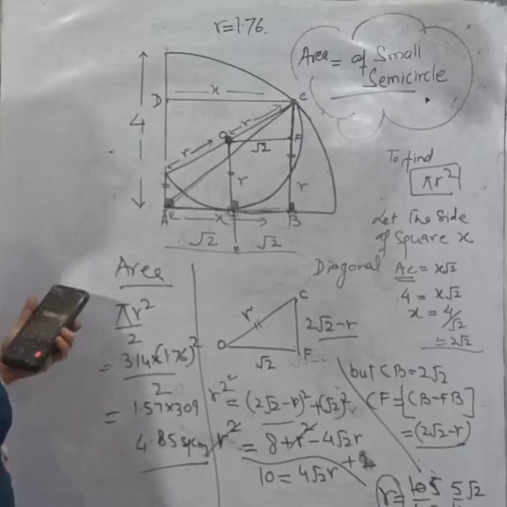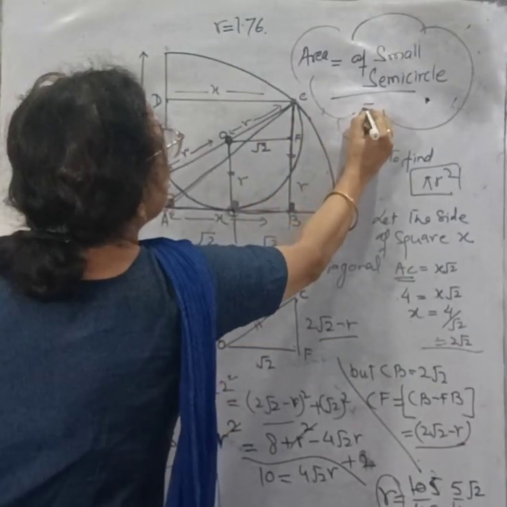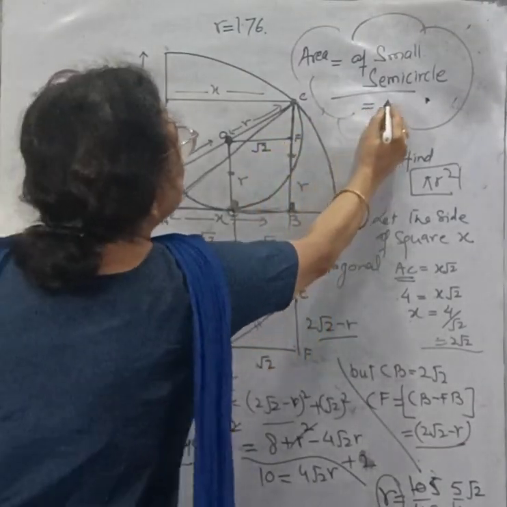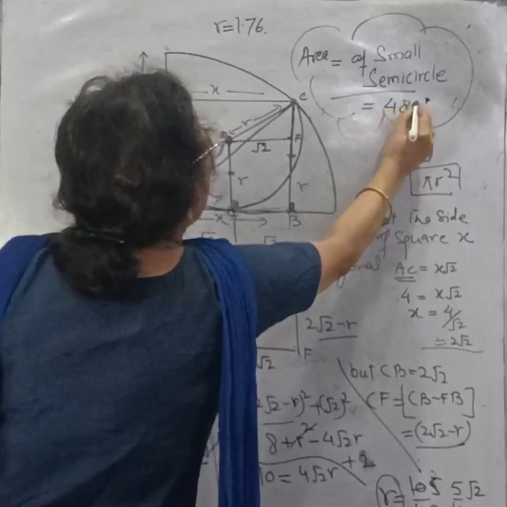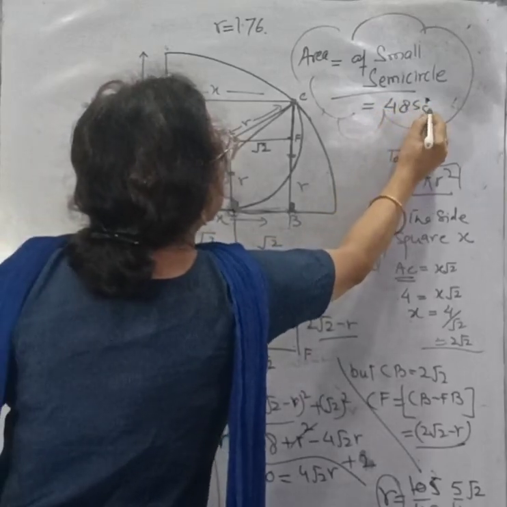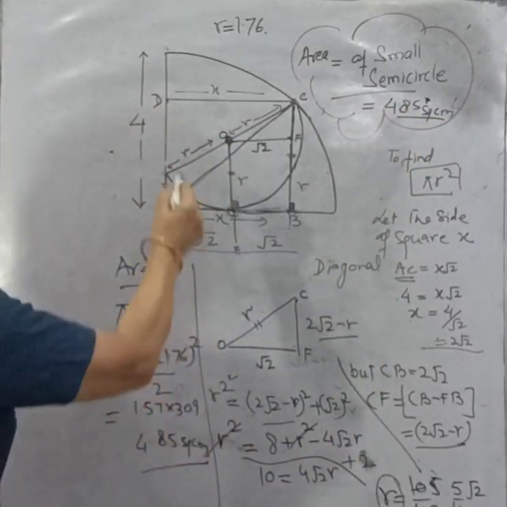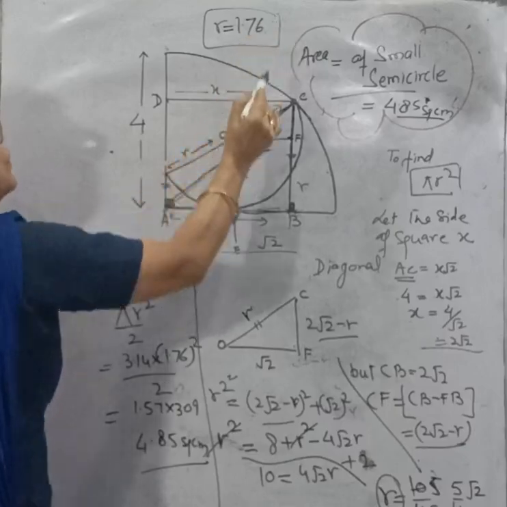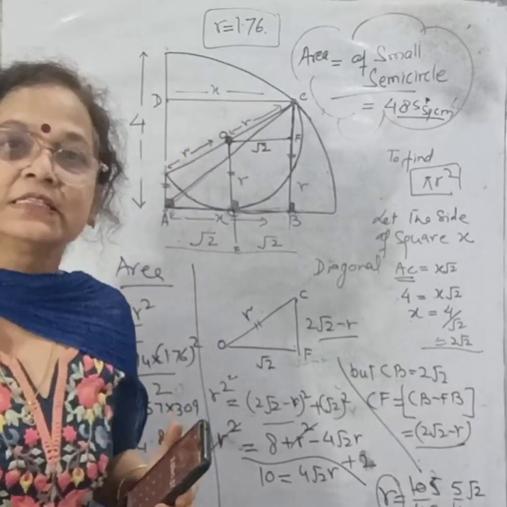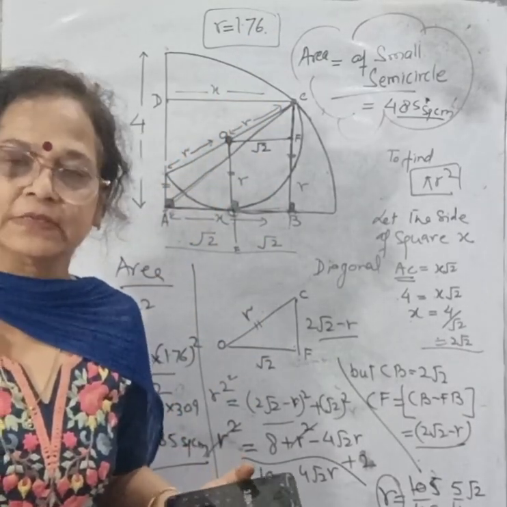This is the answer. The area is equal to 4.85 square centimeters. The r calculated by us is equal to 1.76, which is the radius of the semicircle.